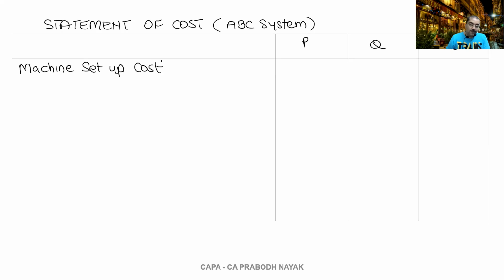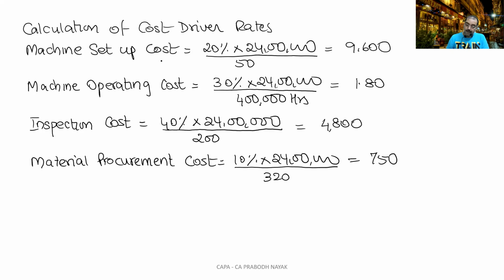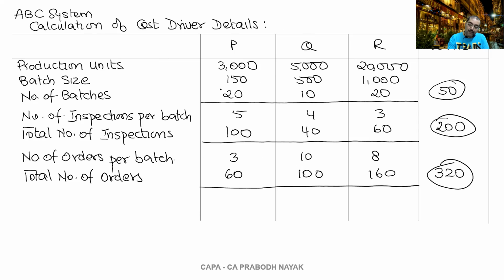Let us go back to this now. 9,600 multiplied by 20 batches. How much is that? 1,92,000.